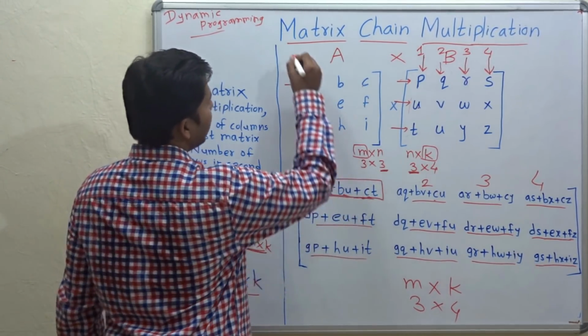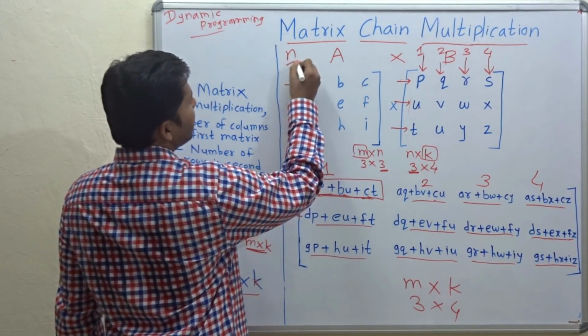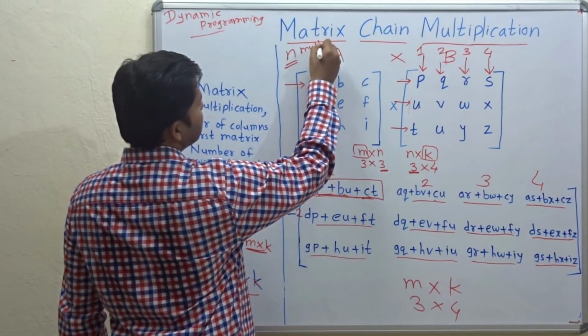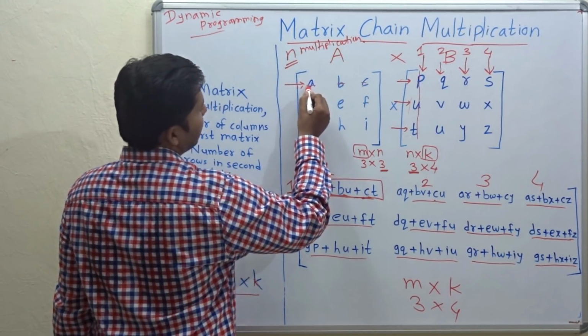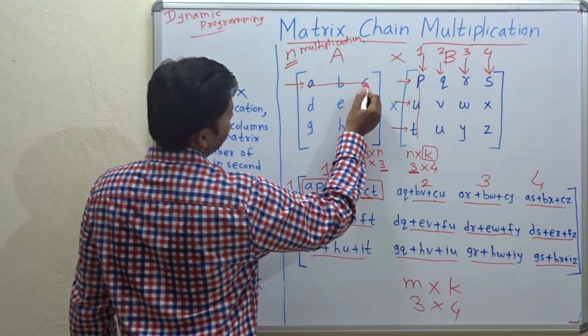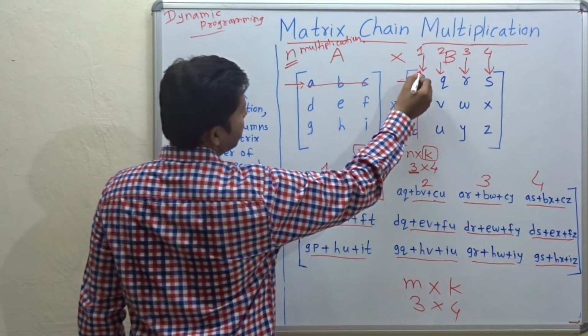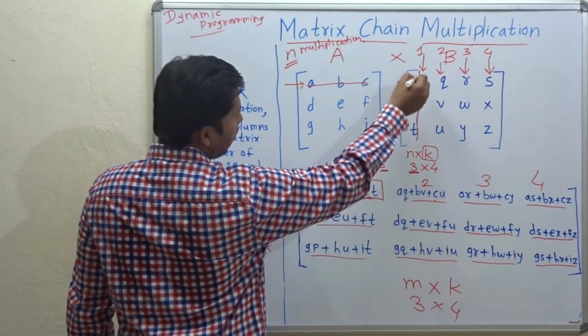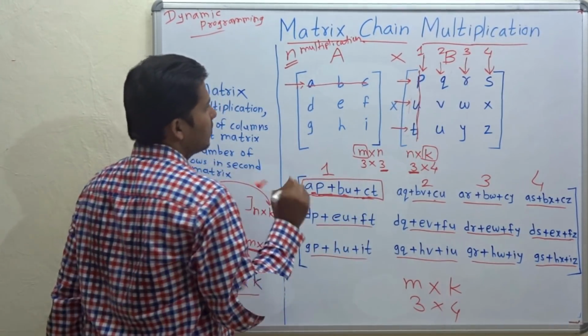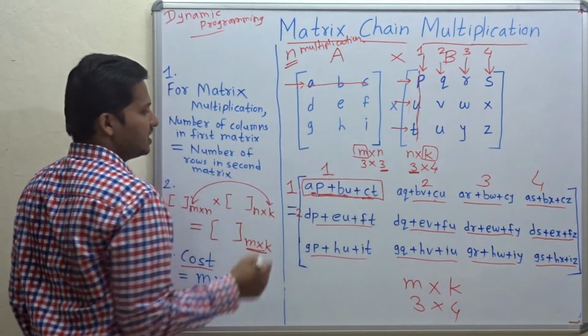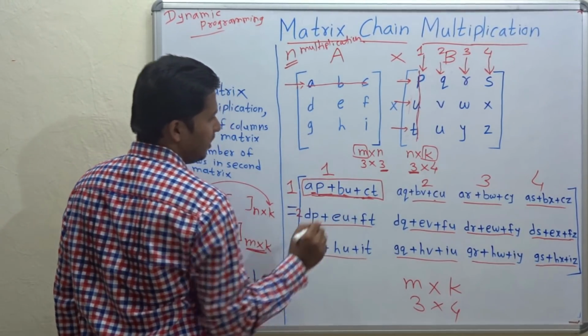N multiplications take place for one cell, because there are n elements in the row of the first matrix multiplying with the n elements in the column of the second matrix. Okay, so that's why n multiplications take place for one cell.